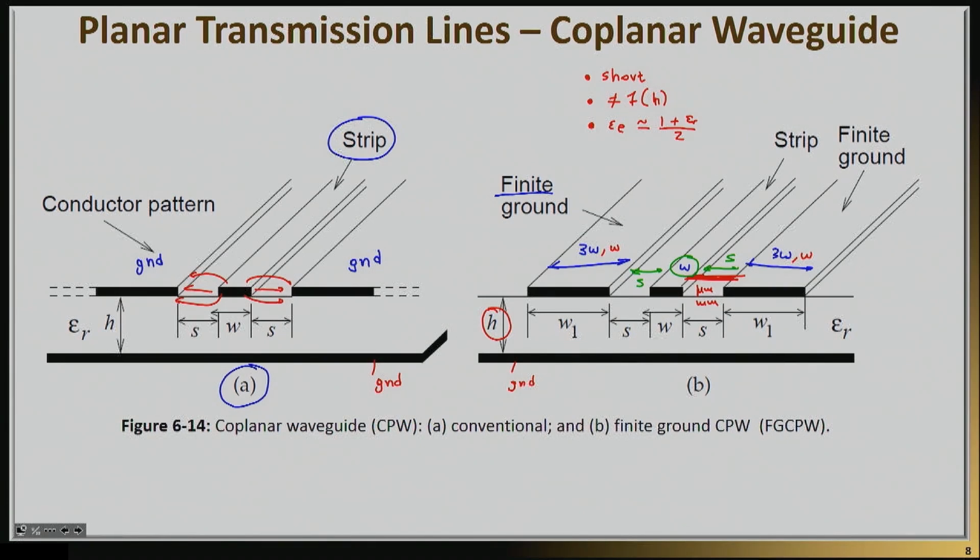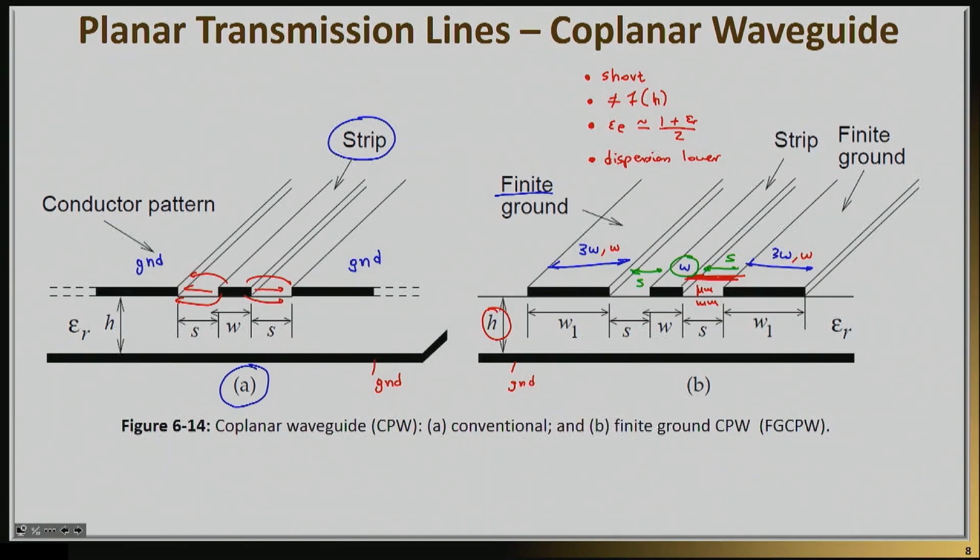That makes the effective dielectric constant almost the average of the two. And even better than that, as we'll discuss later on, that is true for a very wide range of frequencies, which makes the dispersion of the CPW line lower than the dispersion of the microstrip line. And for that reason, the CPW line is often preferred in high frequency applications over the microstrip line.